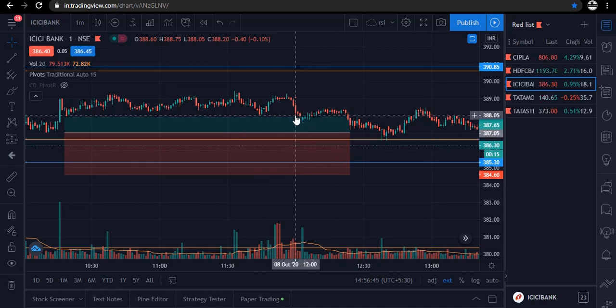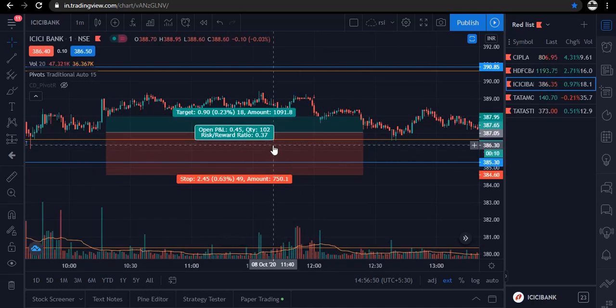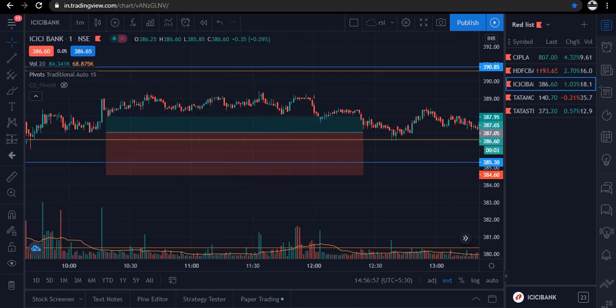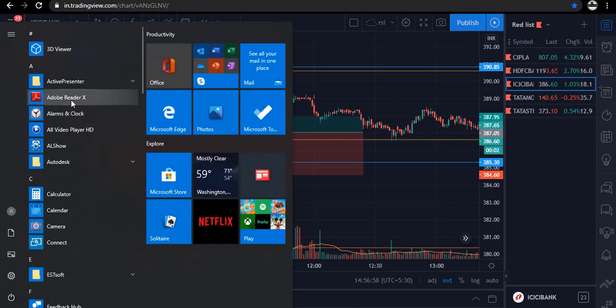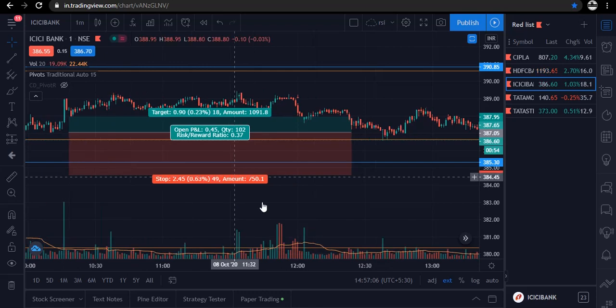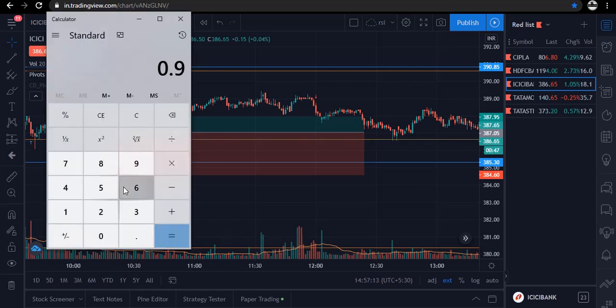Okay traders, so let's calculate our profit in ICICI Bank. Our target points were 0.90 of our stop loss. So let me open the calculator. Okay, so 0.90 points which we got for 30 quantities.